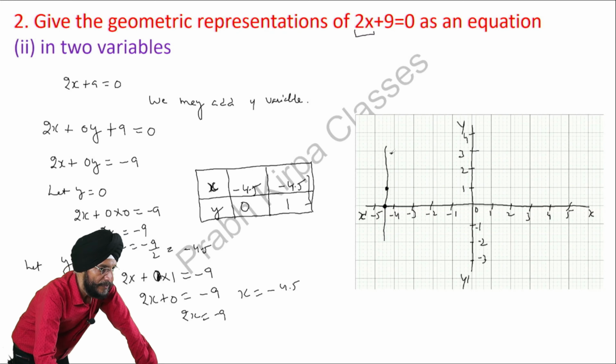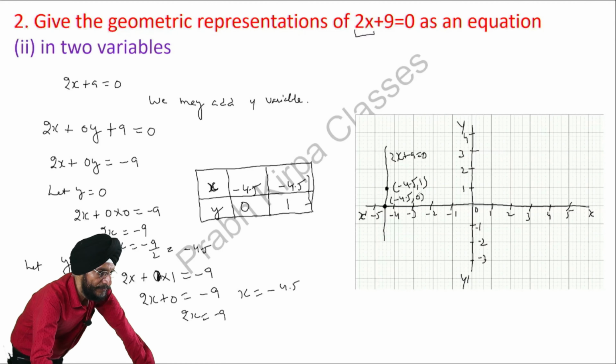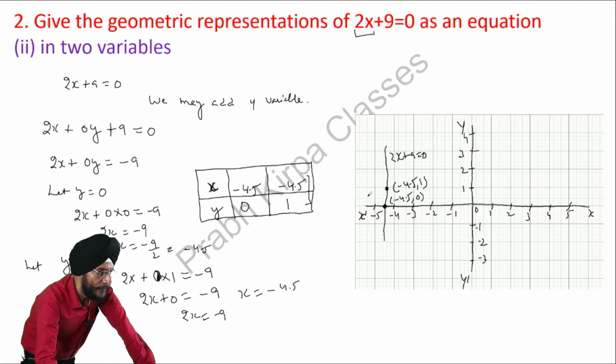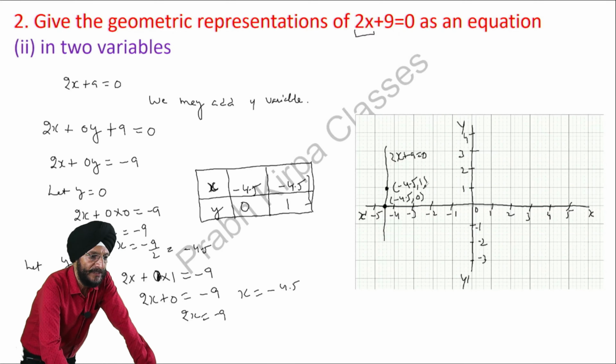So here the equation is 2x plus 9 is equal to 0. The solutions are here minus 4.5, the value of y is 1. Here at this point it is minus 4.5 and here the value of y is 0. Because we are to write the value of x first followed by the value of y.